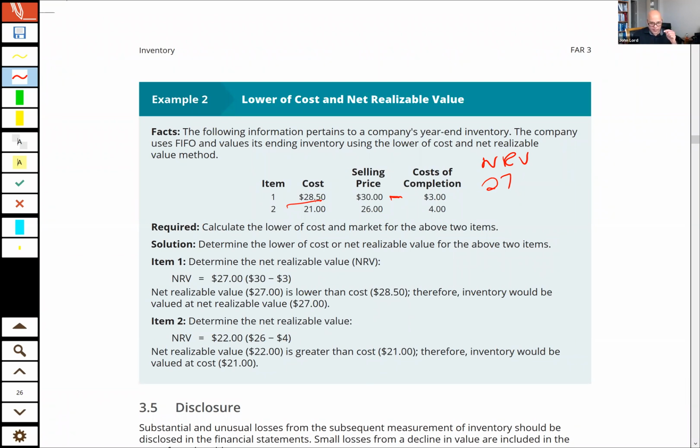I simply calculate the net realizable value, compare the cost to net realizable value. This inventory is sitting here at 28.50. I have to write it down to $27. So I have to credit $1.50, debit the loss, right? So it's just one calculation, much easier for methods other than LIFO. LIFO is the only one that they make me do that ceiling and floor jazz.